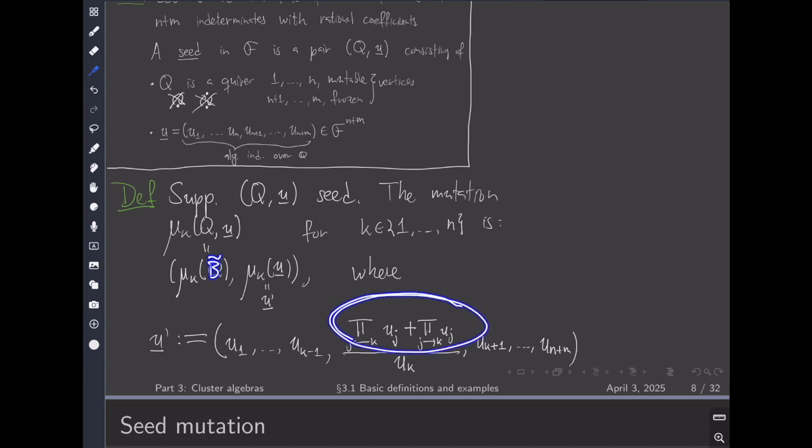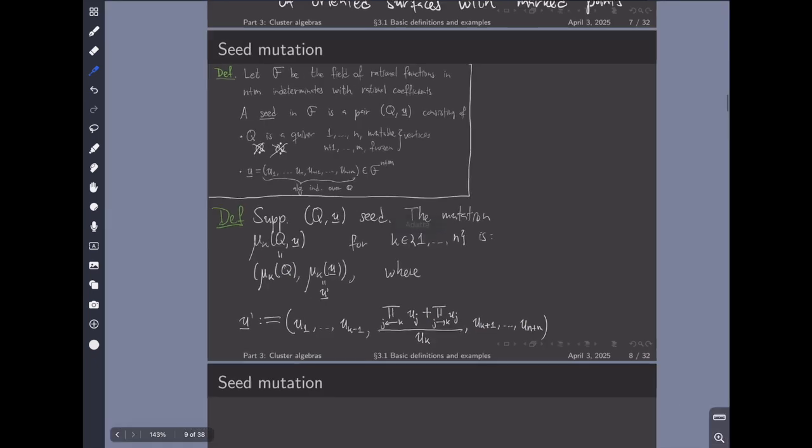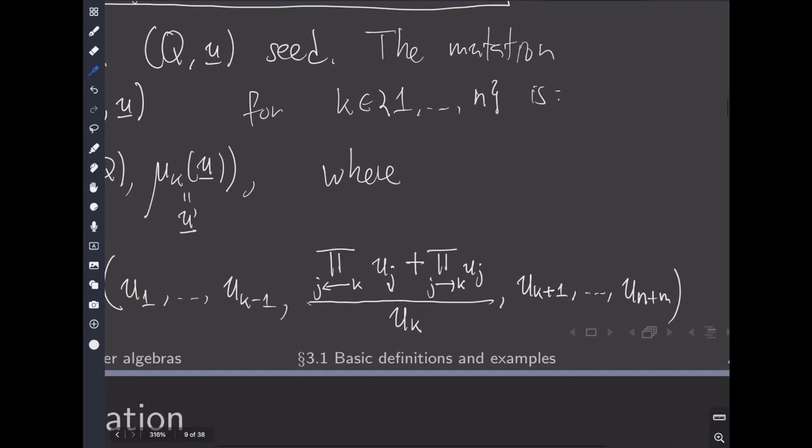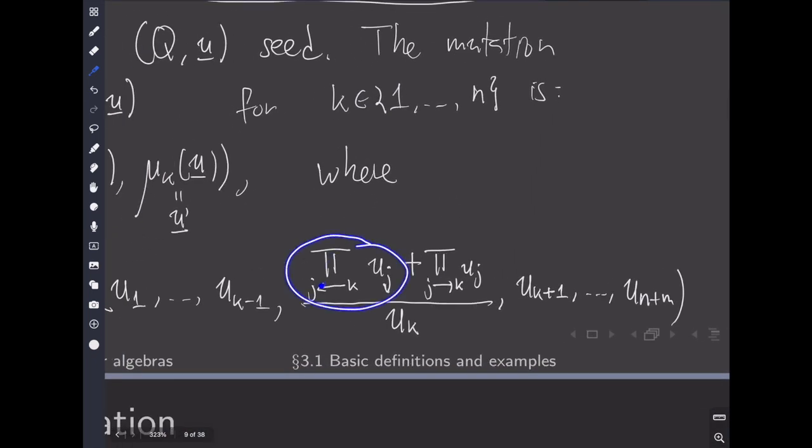Here I should have put something slightly different, but for the lecture it's irrelevant. Here you see, for each arrow coming out from k, you put uj as a factor. So if there are many arrows from k to j, you put uj as a factor as many times. It's not that you put it only once. For each arrow you put it.